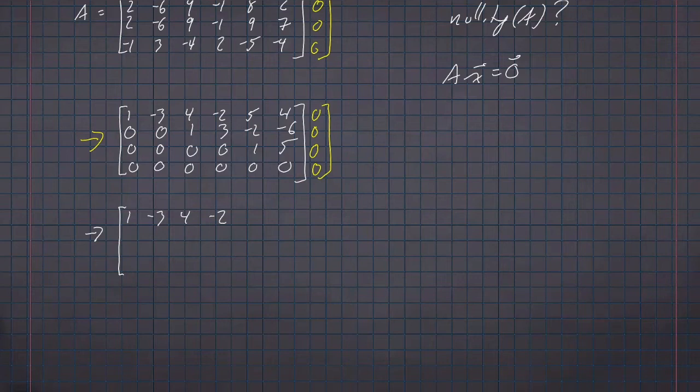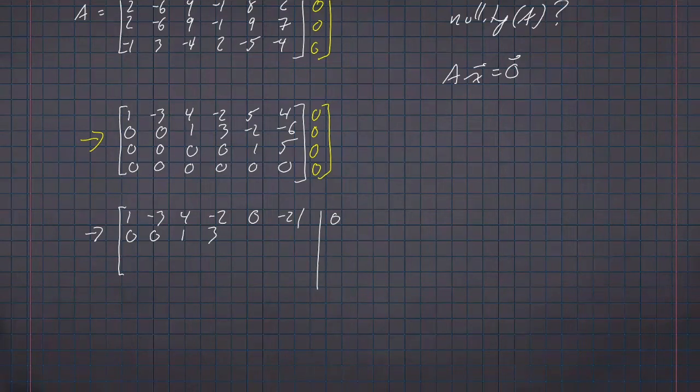So if I take row 1 and I subtract 5 times row 3, 5 minus 5 times 1 is 0. 4 minus 5 times 5 is 4 minus 25, which is negative 21. Then we've got the 0 column. Then we take second row plus 2 times the third row.